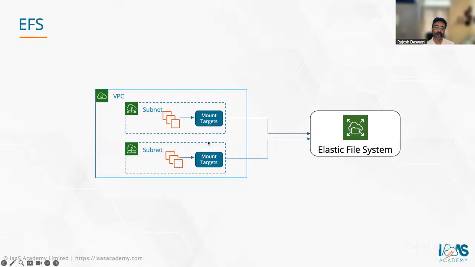You can have mount targets configured to connect to a particular EFS file system that you have configured. The good thing about this is that it is ideal for sharing files between your Linux-based instances. So EFS is ideal for Linux-based instances only, or rather, AWS supports only Linux-based instances for EFS usage. That's something to be aware of as well.